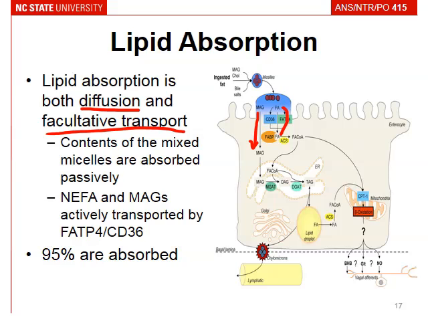So we have passive absorption, and our NEFA is coming in through our fatty acid transporter. Our monoacylglycerides are passively transported, and 95% of the lipids are absorbed, which is quite amazing.